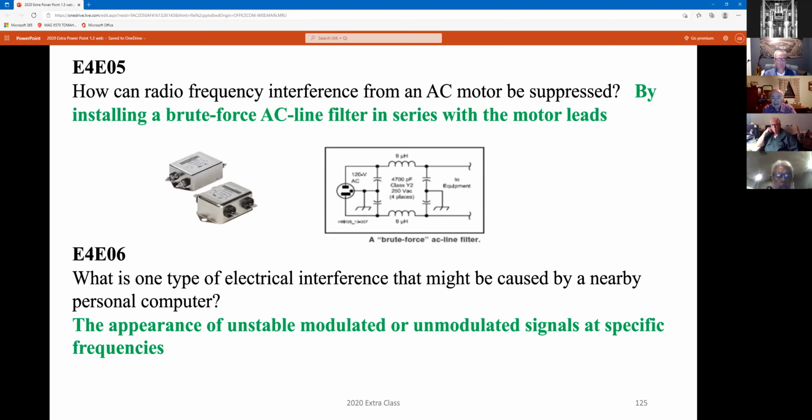Yeah, I mean, they do make AC line filters that can handle quite a bit of amperage. Obviously, if you've got something really, really big, you might not be able to find something, but I would say most things that you would find in a regular house, you should be able to find something to address that. The only thing that maybe I wouldn't be able to address would be the air conditioning unit in a house.